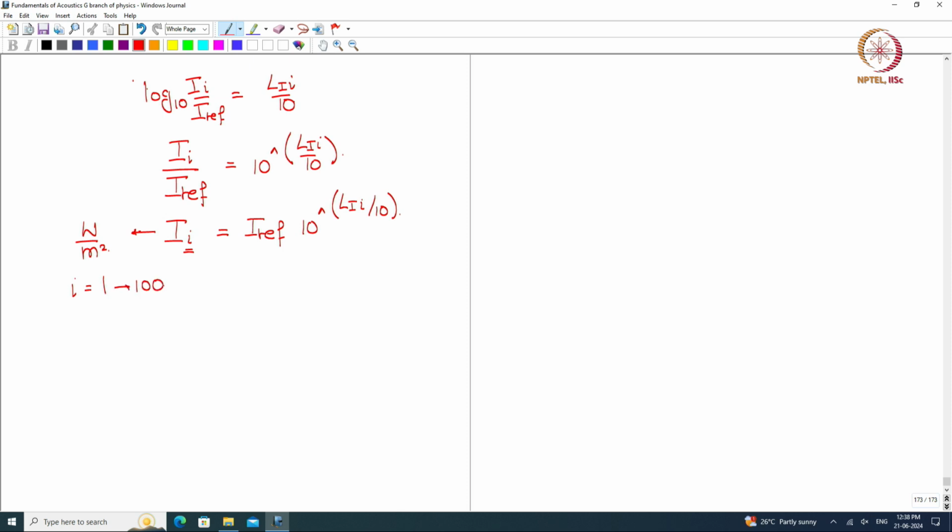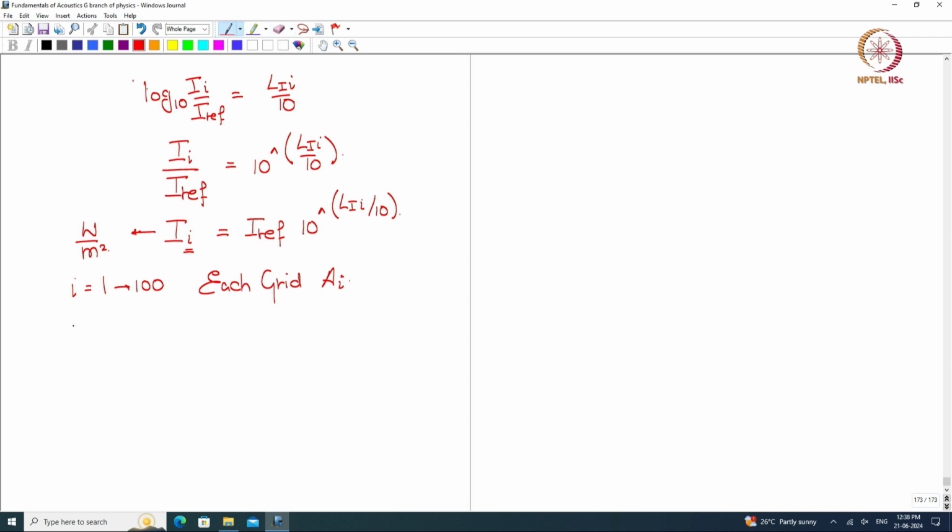So I have measured intensity at 100 grid points, and each grid point, with slight variations in area, has an area A i.